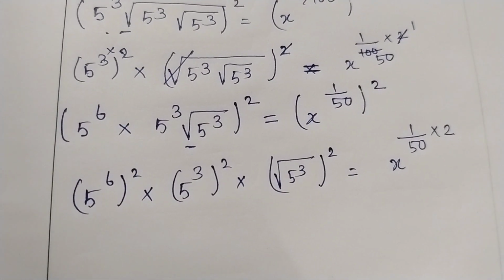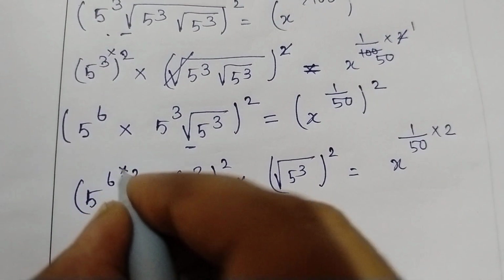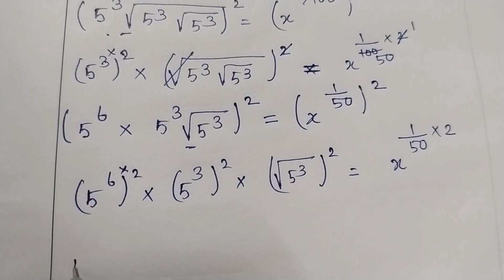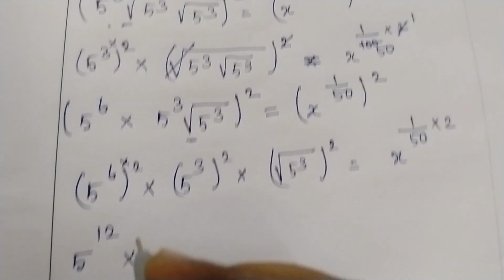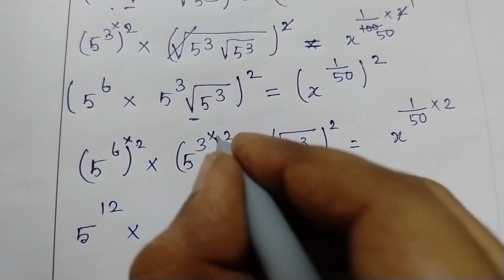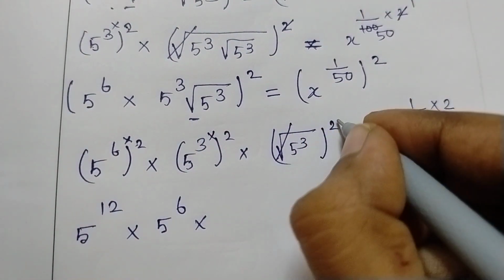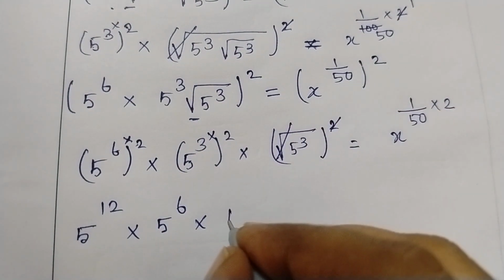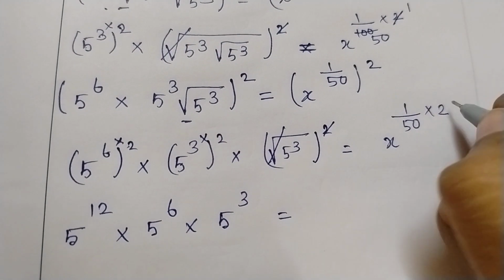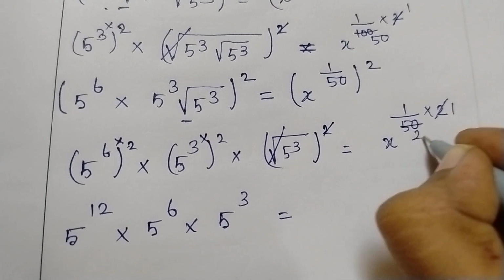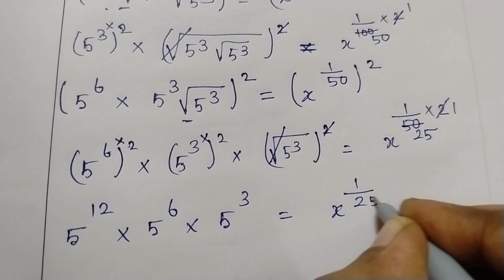Okay. So next step what do you have to do? So this is a power m the whole power n. So we can multiply these two. So therefore 5 power 6 into 2 is 12, into here 5 power 3 into 2 is 6, into the square root, and the square get cancelled. So what we have here is 5 power 3 which is equal to 1 by 2, this will come as 25 times, therefore x power 1 by 25.